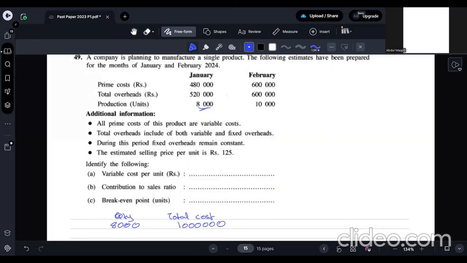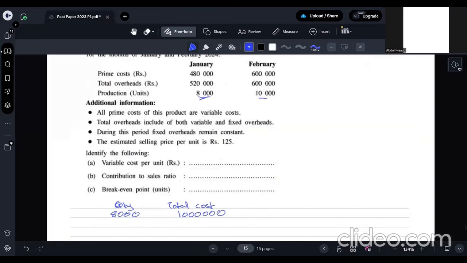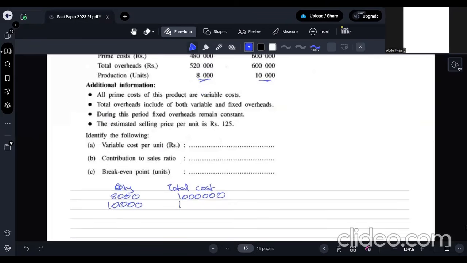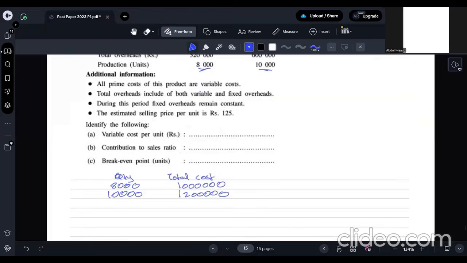1 million. Then in February they produce 10,000 units. When they are producing 10,000 units, the total cost is 600,000 and 600,000, that is 1,200,000. Now the cost will change because of variable cost, right? When the quantity changes by 2,000 units, your total cost changes by 200,000.